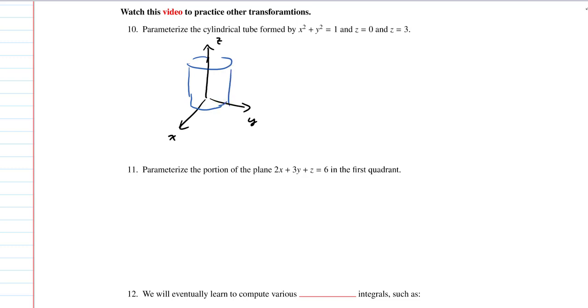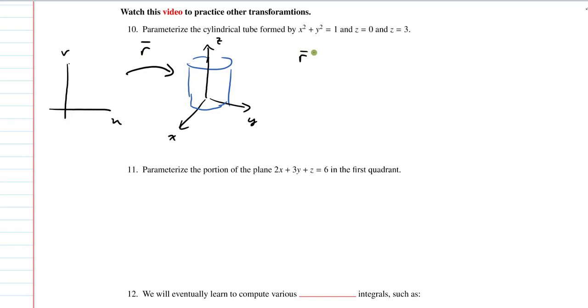And so what we want to do is come up with a space U and V that it makes sense to take some region in UV space and morph it, based on our transformation or our parameterization, into R3. So in this case, I'll go back to calling this R, because we so often use a vector valued function in this class at this point. We'll use R as our transformation.